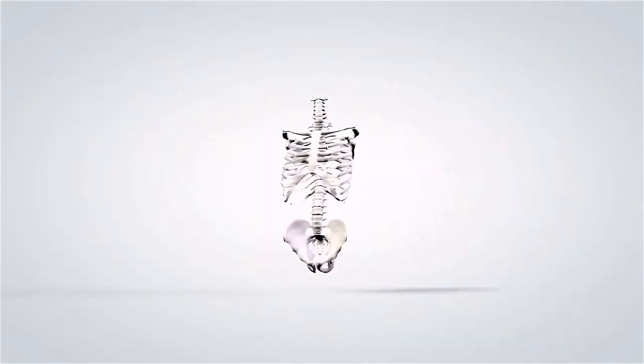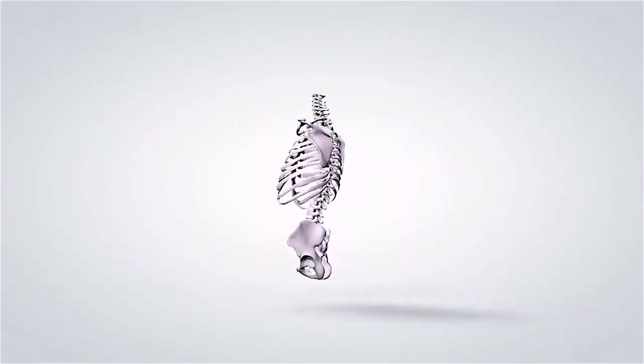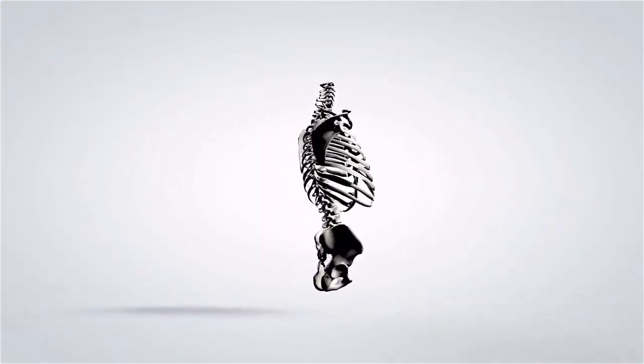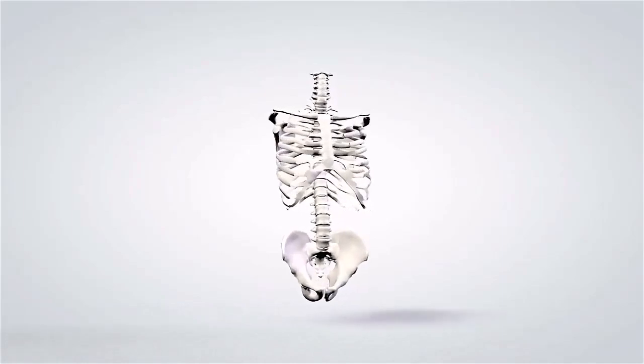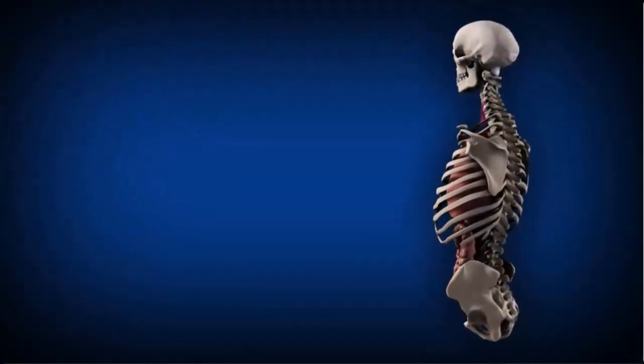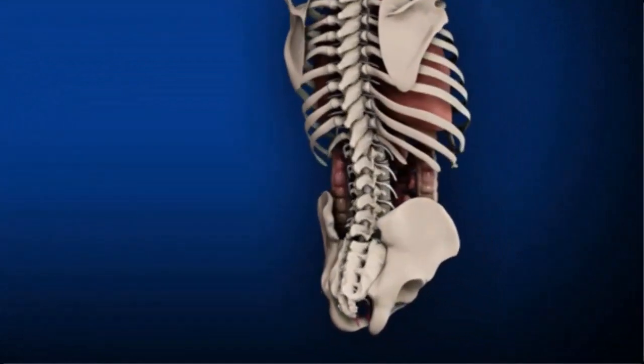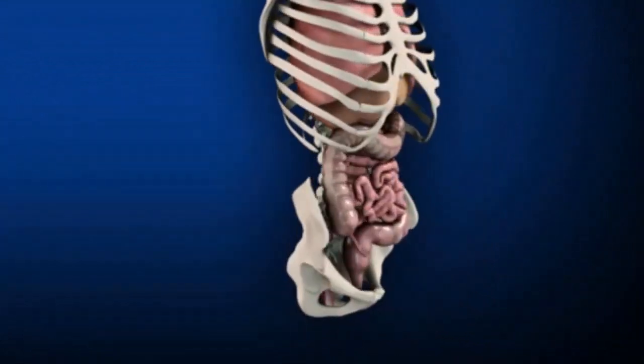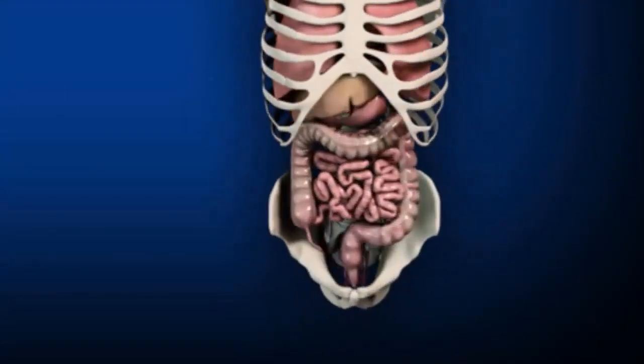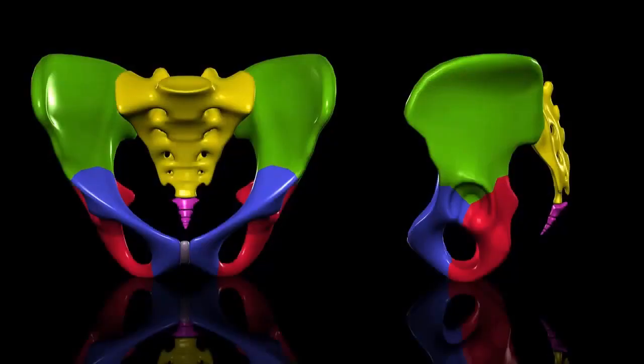The pelvis consists of 4 bones: the right and left hip bones, the sacrum, and the coccyx. When standing in the anatomical position, the pelvis is tilted anteriorly, and the anterior or internal surface of the sacrum faces forward and downward.